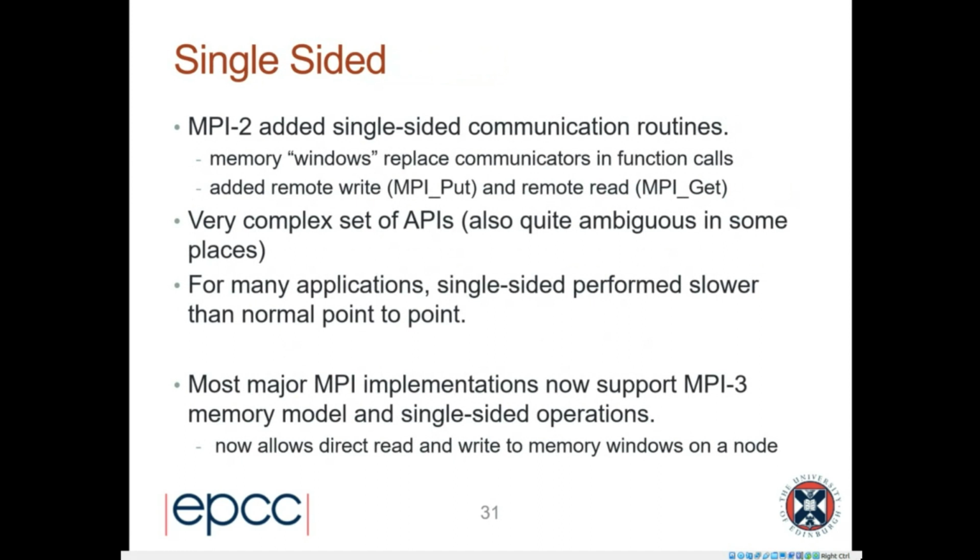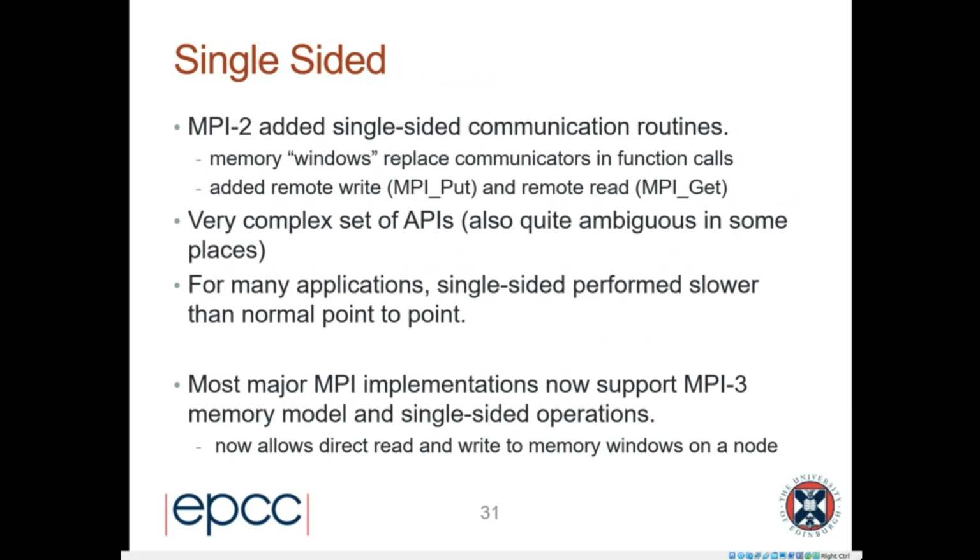Single-sided, I've talked about this now, but I'll come back to this tomorrow, just to flag it up. Memory windows replace communicators, and you have remote write, put, and remote read, get, but they're really quite complex, slightly ambiguous in places. It gets very complicated for many applications. Single-sided performs slower than normal point-to-point in MPI2.